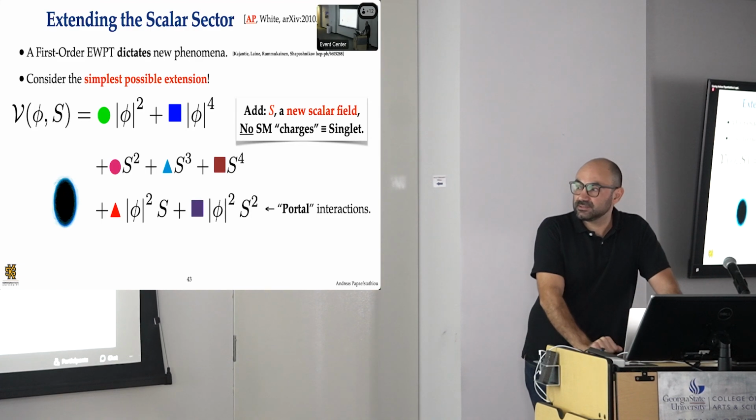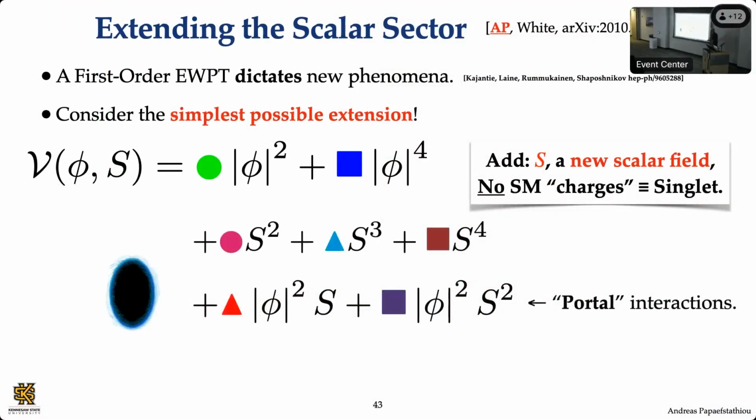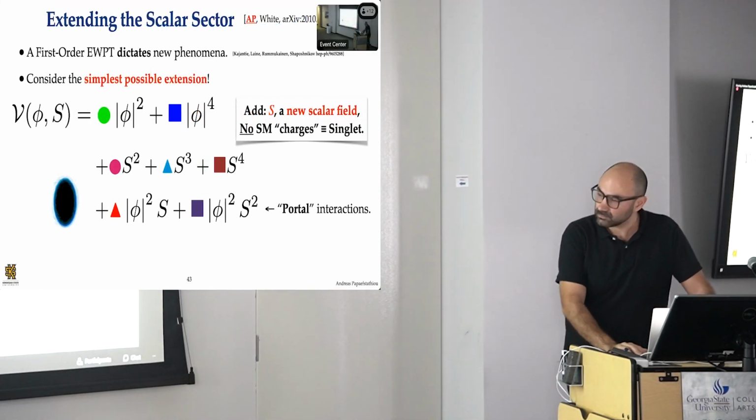Then you can write such interactions because of some property of the Higgs field that tells us that you can multiply the Higgs field squared by any power of this new field. These are called portal interactions, because they connect the world of the new scalar S with the world that we live in, which is related to the Higgs boson. Otherwise, if these interactions did not exist, we would never know about this except perhaps gravitationally.